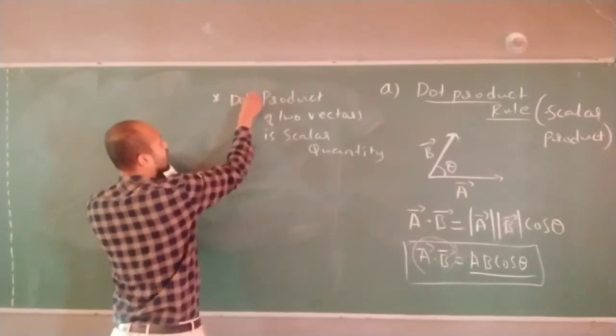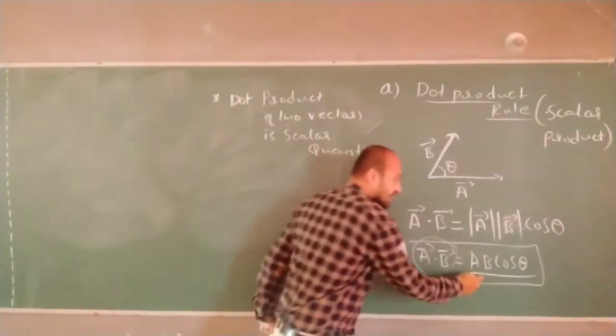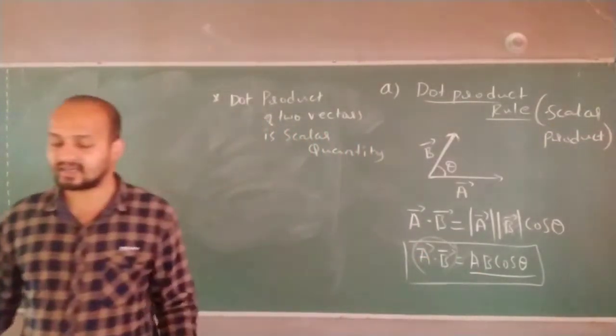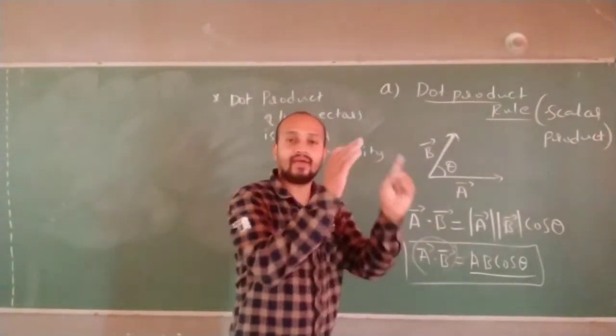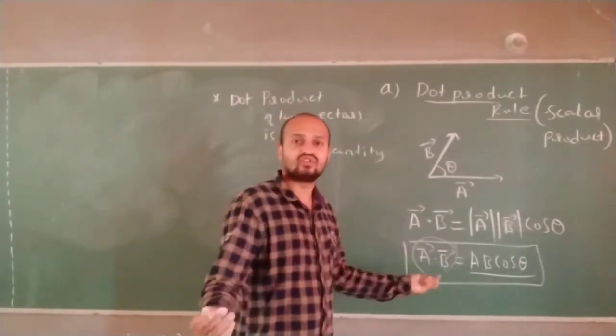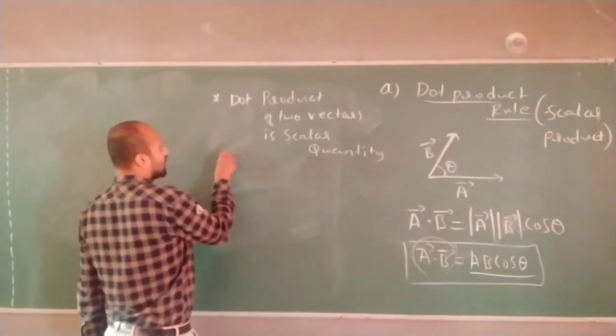If you do the dot product of two vectors, the answer will always be a scalar quantity. Why is it scalar? I have shown you. Always you are multiplying the vectors which are parallel to each other, so there is no requirement of direction.